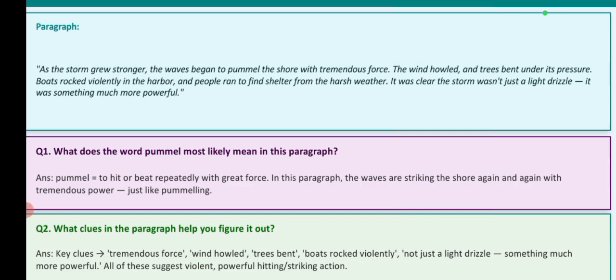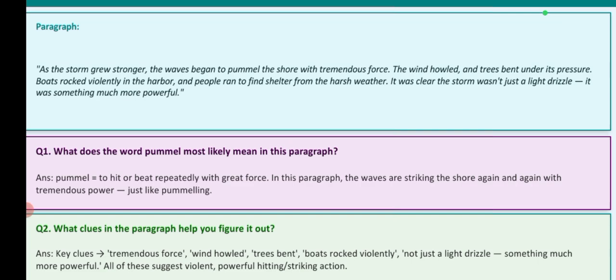The wind howled and trees bent under its pressure. Boats rocked violently in the harbor, and people ran to find shelter from the harsh weather. It was clear the storm wasn't just a light drizzle, it was something much more powerful.